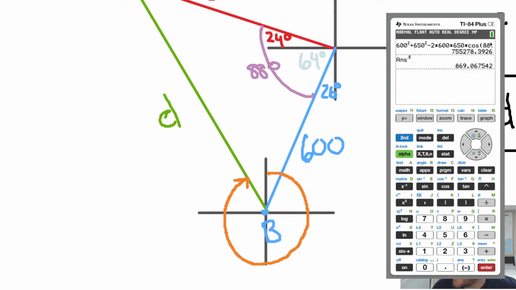You know what? Let me do this first. You've got angle 1, 2, 3, 4. I wish I could make my pen smaller, but I can't. But out of all those angles, I hope it's clear to you that the angle we really want is angle 1, because then our heading is going to be 270 plus angle 1.